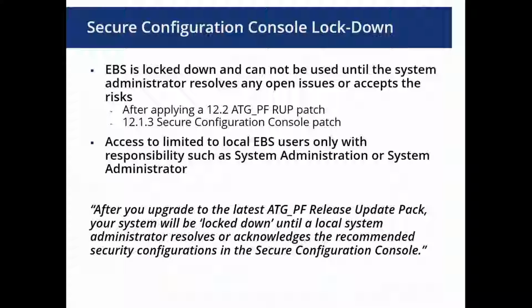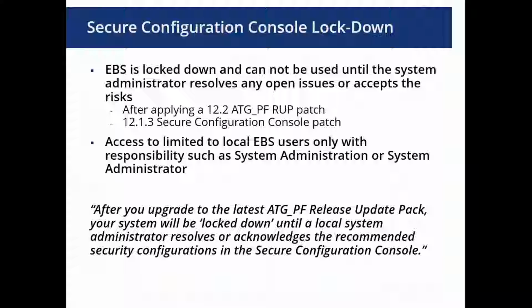One issue we do get with a lot of clients, though, is for those of you who have implemented 12.2.6 or you've applied it on 12.1.3, one of the key features here is when you do a 12.2 RUP patch or you install it in 12.1.3, it locks down the system.